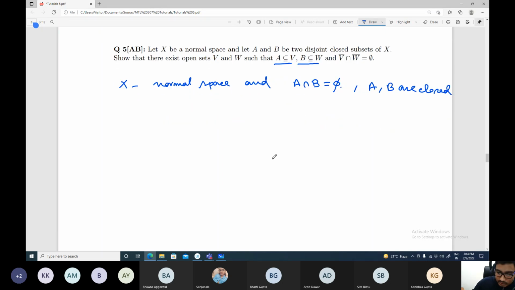Okay, let's try to find out. A and B are disjoint closed sets. So first apply the first definition.